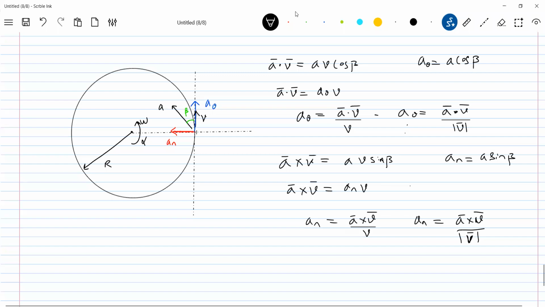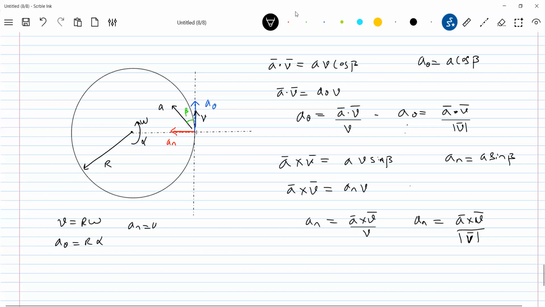So here again, what are some relationships? What we know? We know V equal to R omega. We know some things. Let's write them. And A theta equal to tangential acceleration, R alpha. And what is A normal?